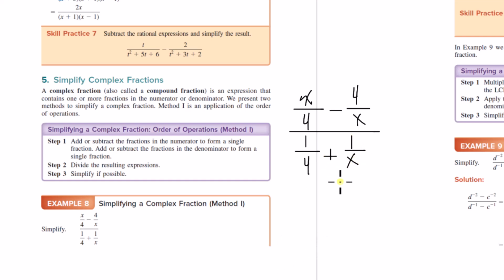Okay, so here's a compound fraction, and the examples that we're going to work in this section and in the upcoming video are going to be complex fractions that strictly consist of rational expressions. We're not going to be working with radicals in fractions or anything like that. It's just going to be these rational expressions in the numerator and denominator. But the principles we're going to learn on how to simplify them, you can apply to any kind of complex fraction in the future.